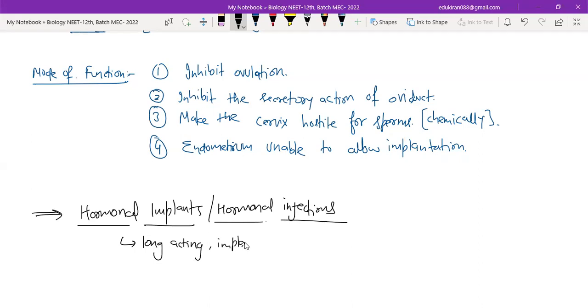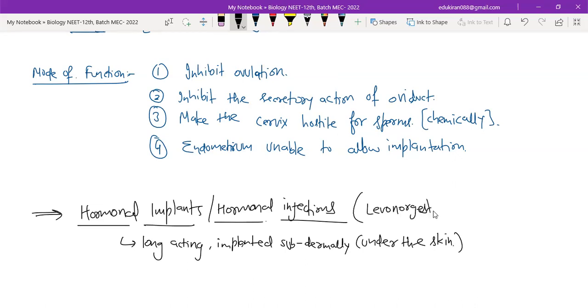They are implanted under the skin, or I will say subdermally. Subdermally means under the skin. Is it clear? And the name you should remember in this is just one, which is important: levonorgestrel. Just remember this name.